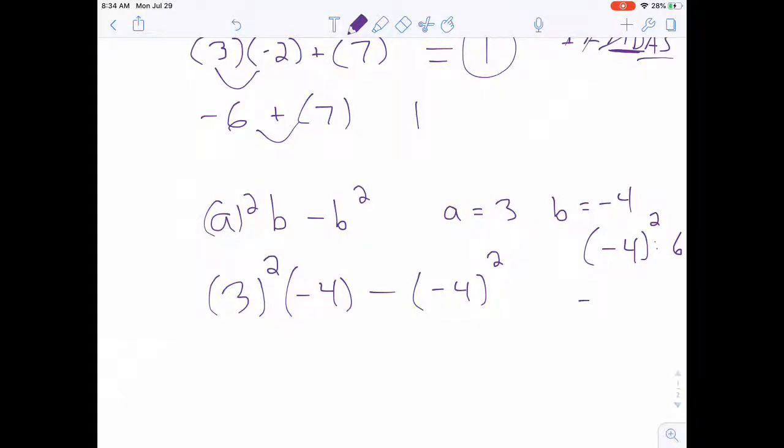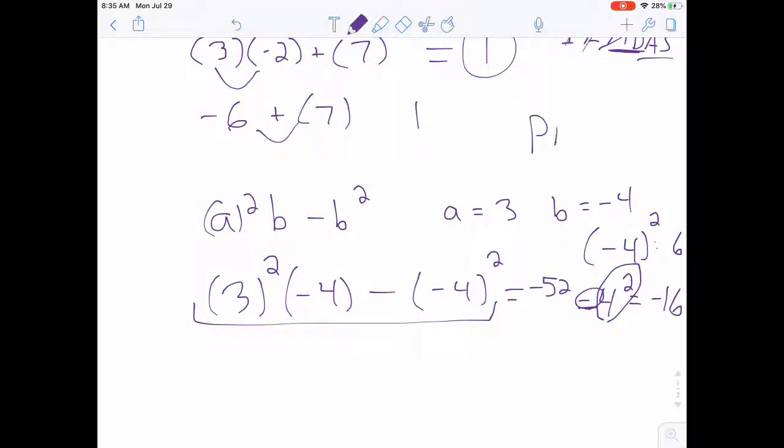A lot of students will plug in negative 4 squared without parentheses, and they'll get negative 16 because the calculator squared the 4 and then took the negative of it. Be very careful how we plug this into the calculator. If I were to plug this whole thing in as is and press enter, I would get negative 52. But I'm going to show you how to do it using order of operations to simplify.